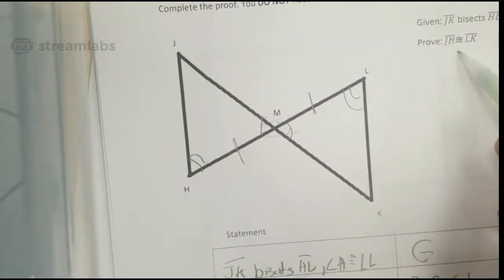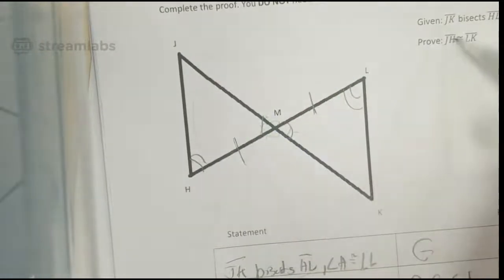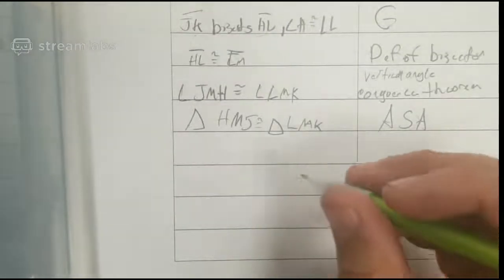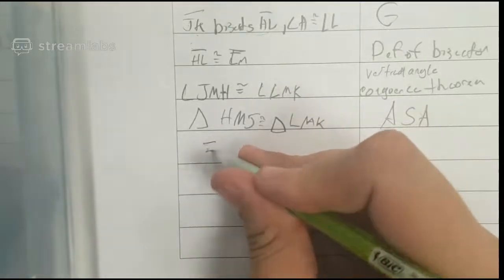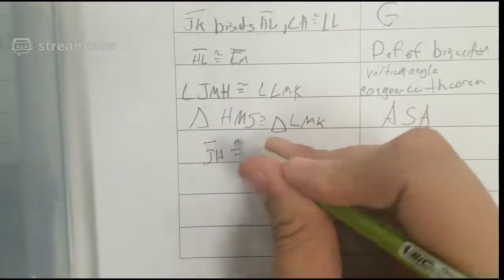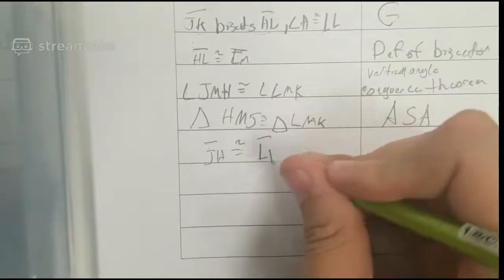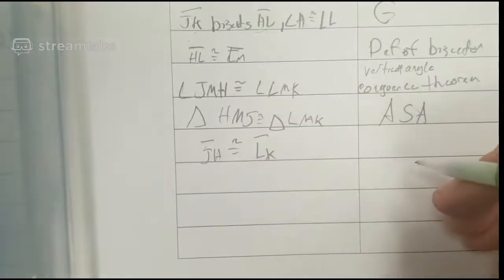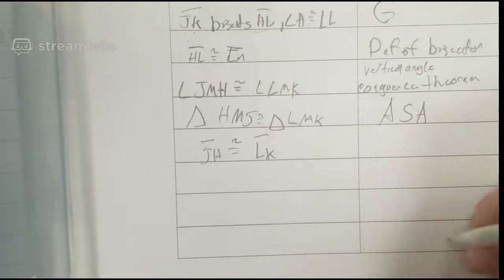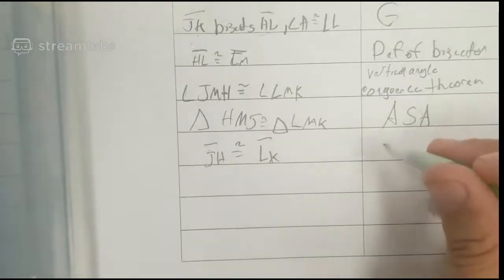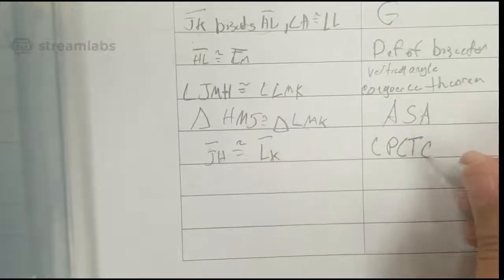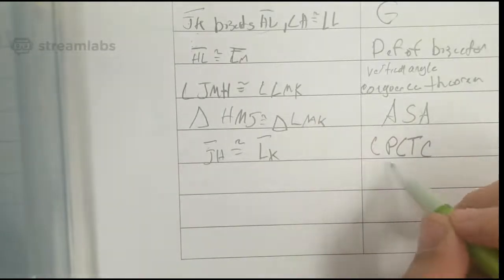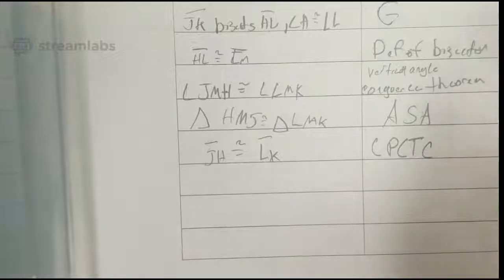The proof is to show JH, this line, is congruent to LK. Well, I just proved the whole triangle is congruent. Since the whole triangle is congruent, line JH is also congruent to line LK. And these two are definitely congruent for one reason: all corresponding parts of congruent triangles must be congruent. So that's CPCTC.